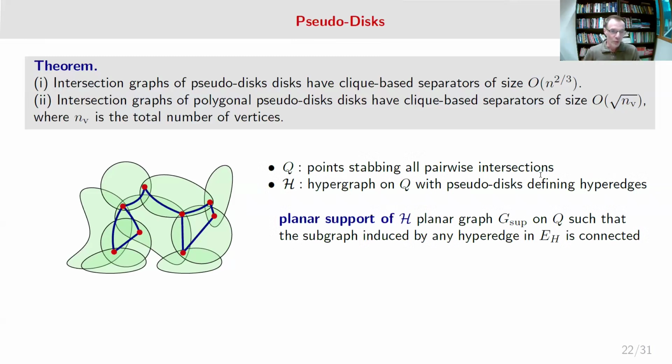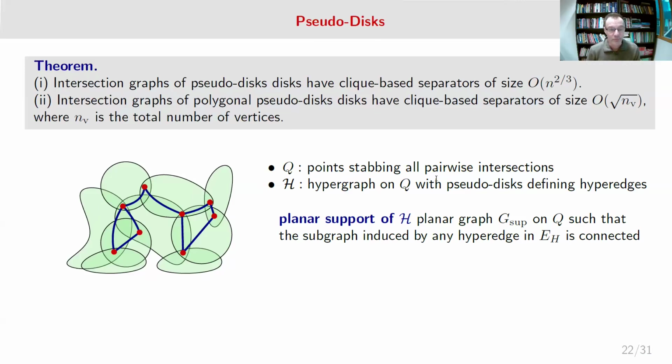And yeah, what you do is you first find a small set of points that stabs all the pairwise intersections. So if you're lucky, then with one point you can maybe stab many pseudo disks at the same time, and then you capture lots of pairwise intersections.